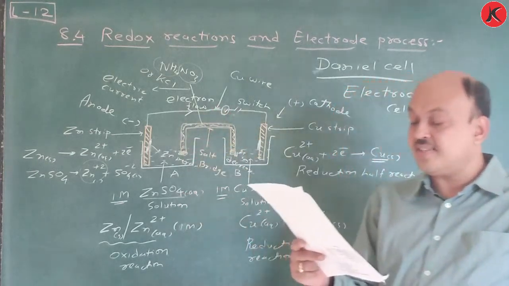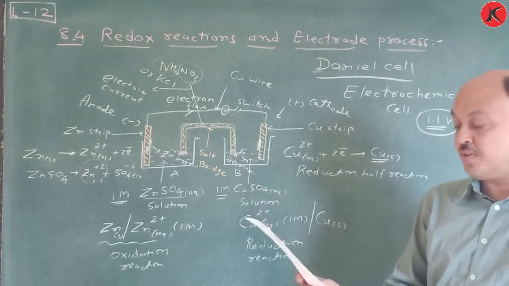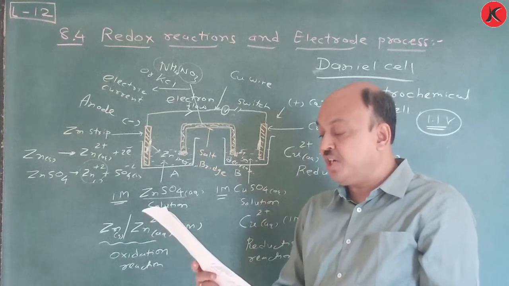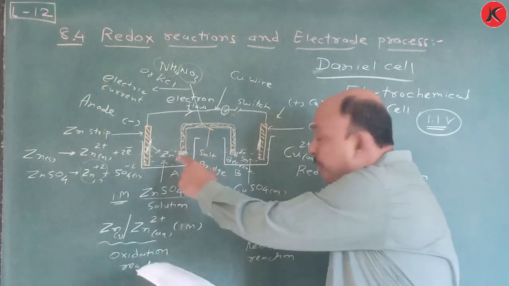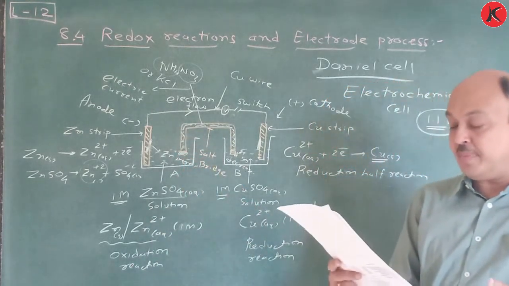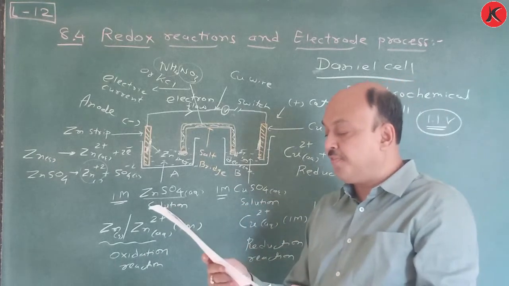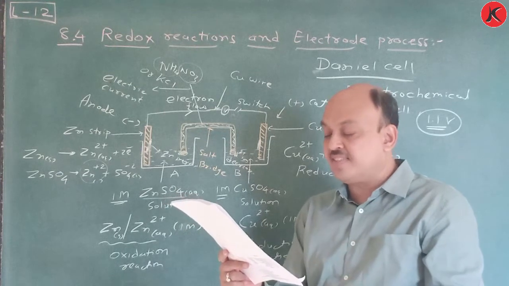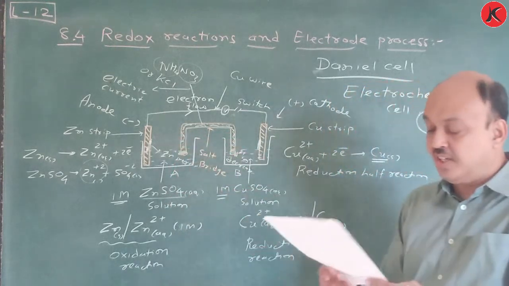Second thing, the electricity from solution in one beaker to solution in another beaker flows by the migration of ions through the salt bridge. This is also explained well. We know that the flow of current is possible only if there is a potential difference. This is considered as potential difference.